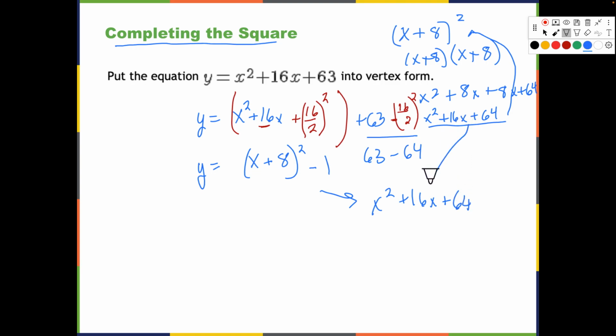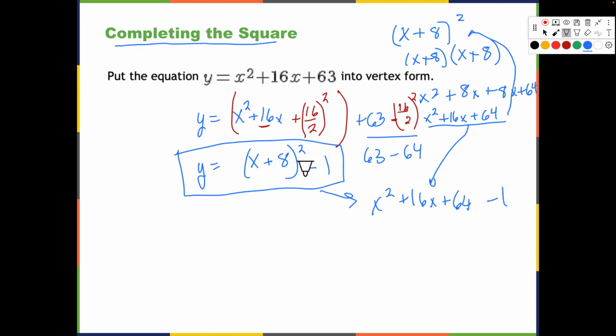That's this. Minus 1. It's just putting it into a new form. Which is good, because really we didn't add anything to it. We added 0, but we added 2 different things. We added 1 and subtracted it at different parts. So it helps us put it into this form of the equation.